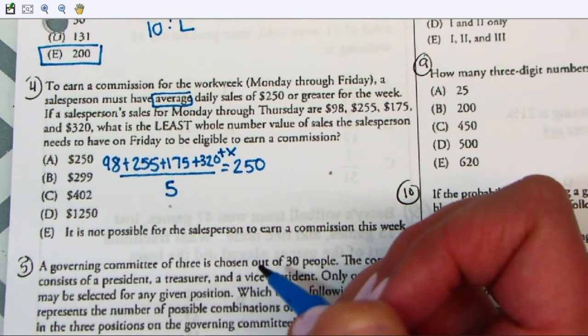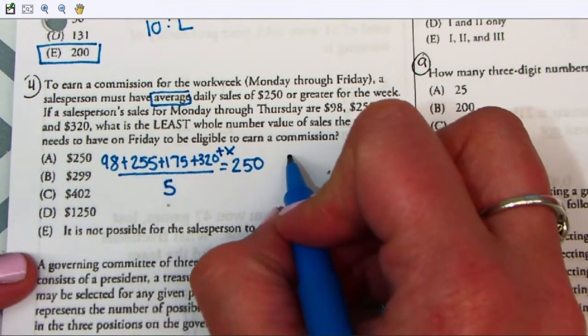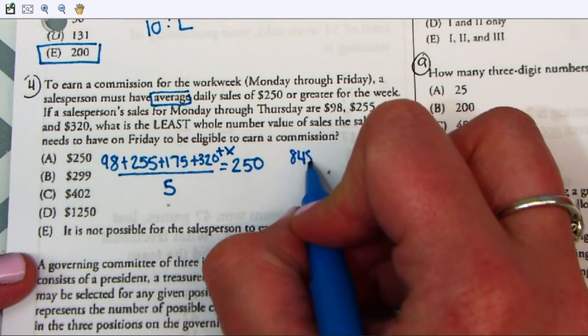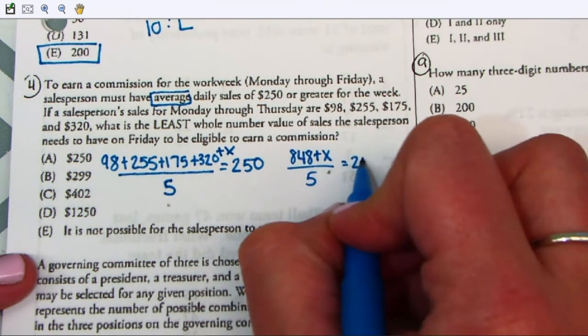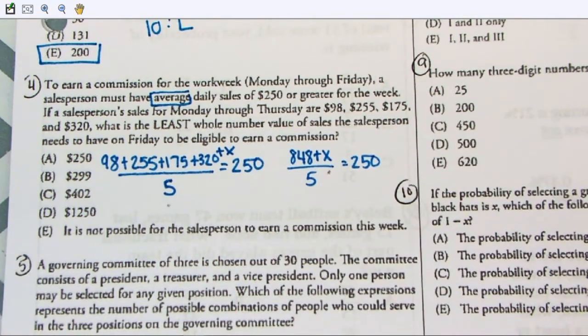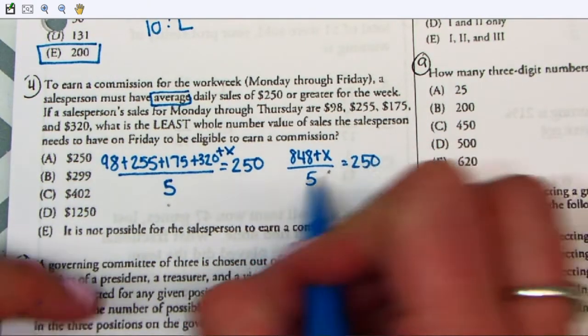So when I add all my numbers together up top, I'm going to get 848 plus the unknown day over 5 must equal 250. You could do guess and check. A lot of people like guess and check, but if you're more algebraic, I'm showing you the algebraic way that works every time. So I'm going to multiply both sides by 5.